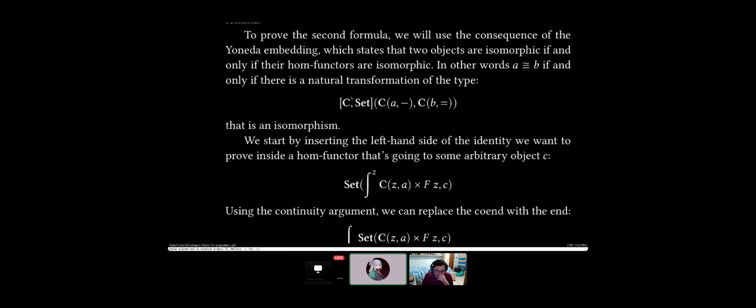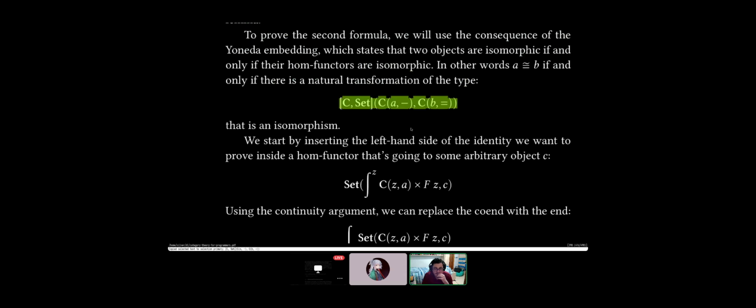The category of functors from C to set, where the input is a home set that starts with A, and the output is another home set that starts with B, and these are like type parameters.